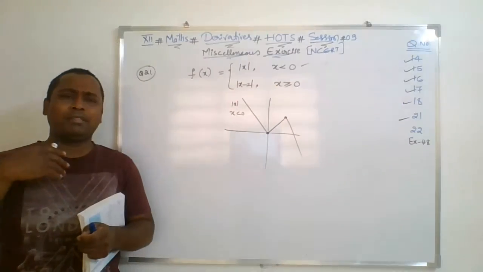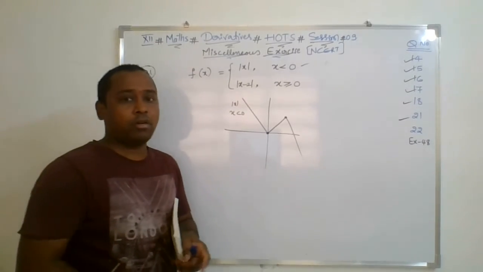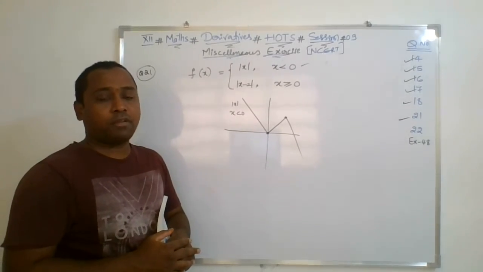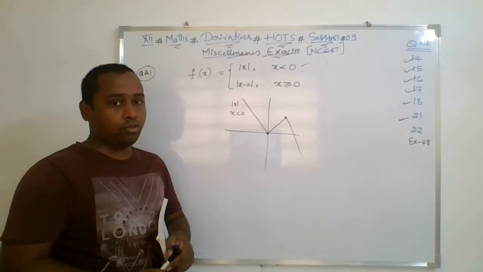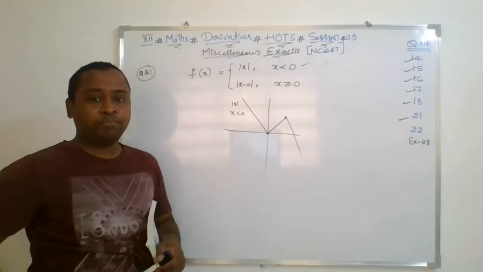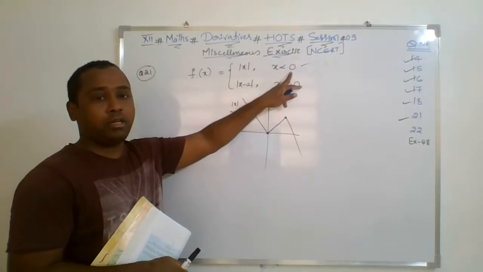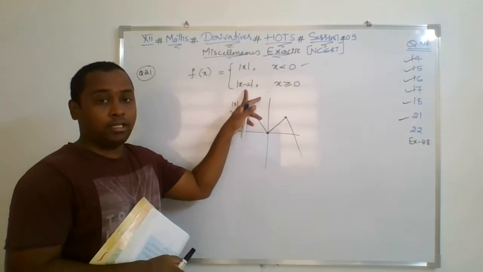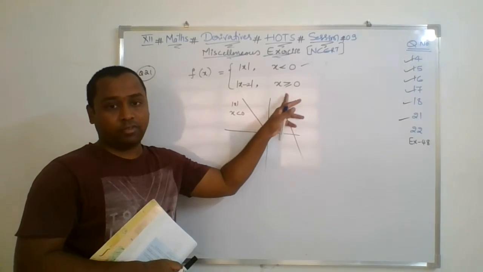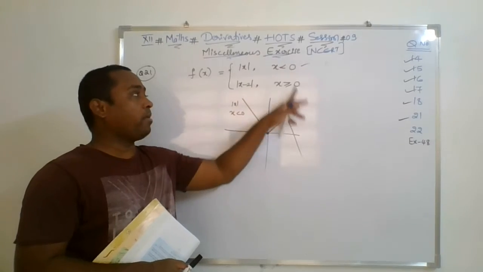In this manner you may set infinitely many functions, right? So in your thought process, if you have any different kinds of function you may take, but take a combination of modulus functions: keep one modulus function for the negative real numbers, and take another modulus function for the positive real numbers, and try to join both functions at a common point, right?